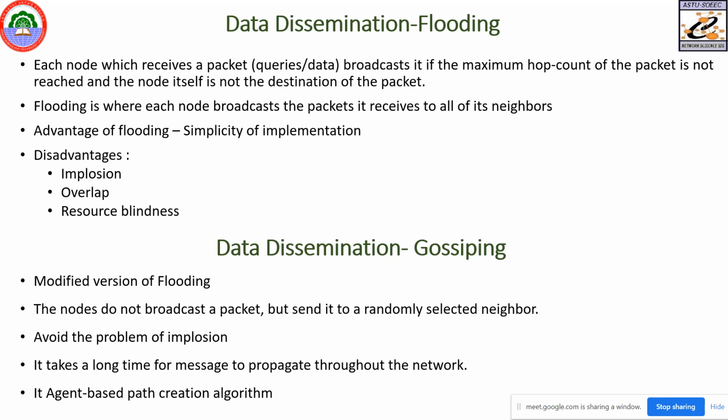It will not check whether it is required or not, whether that particular intermediate node is needed or not in this communication. Even within a short range, if multiple nodes are there, it will send to all the nodes. So there is no complexity in establishing the flooding.